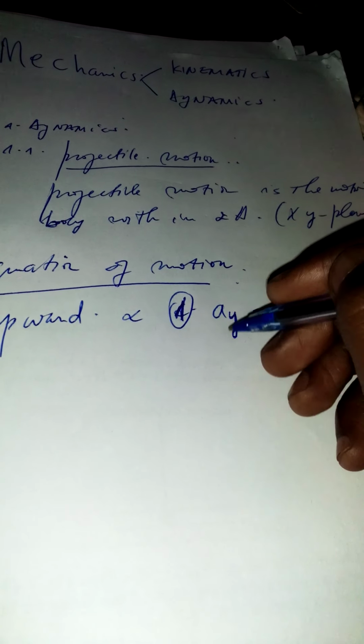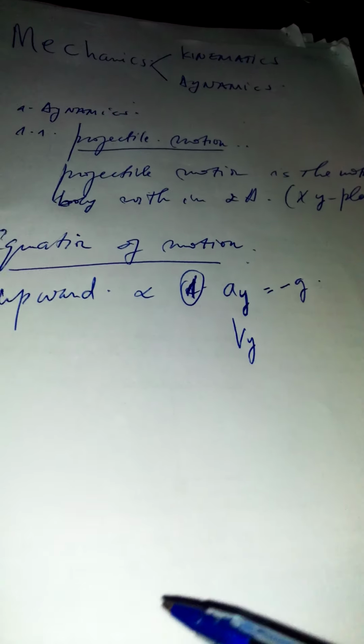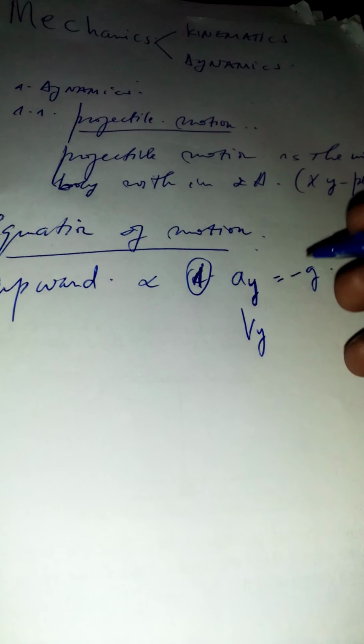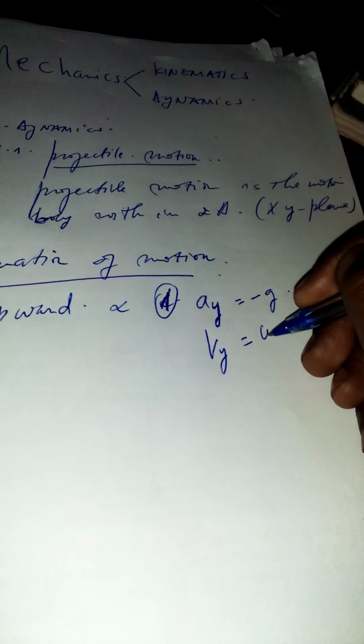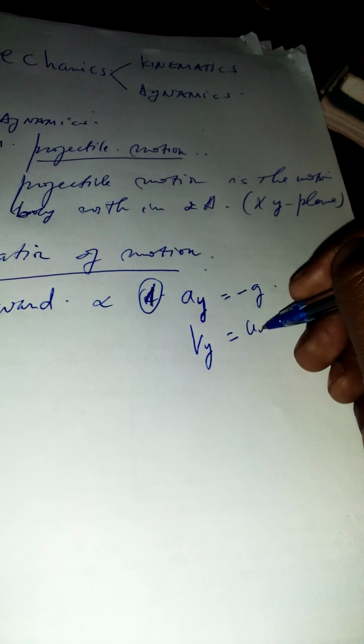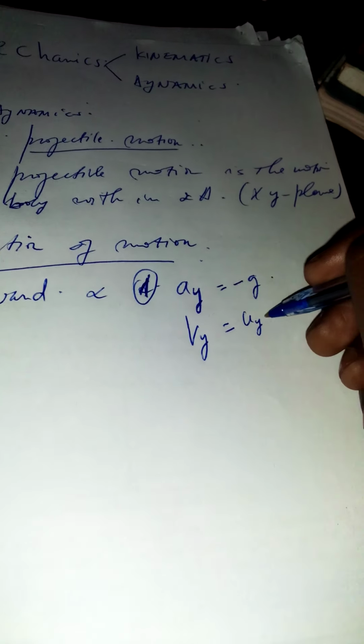And what about velocity? Vy, the velocity of the projectile body at a certain time, is equal to the initial velocity on the y-axis minus gt.